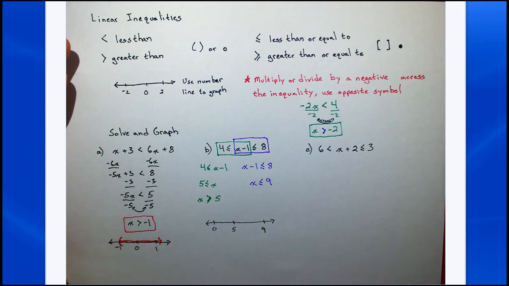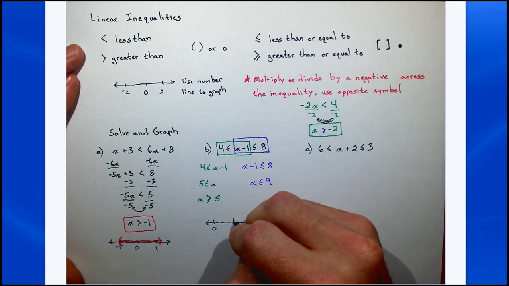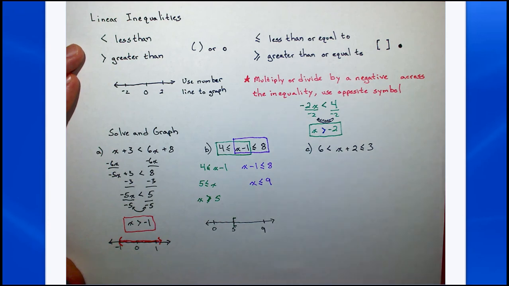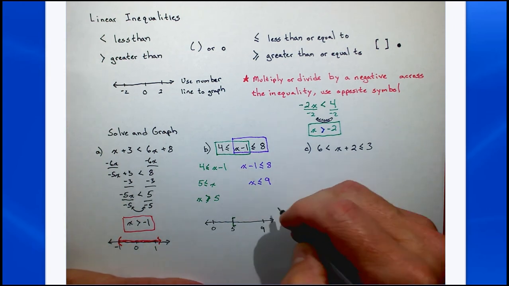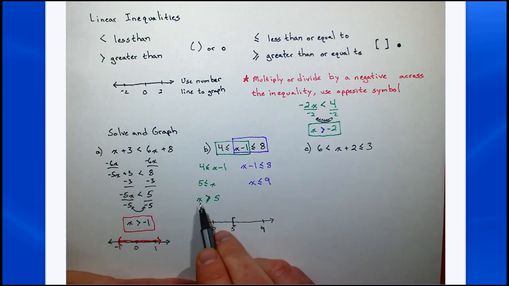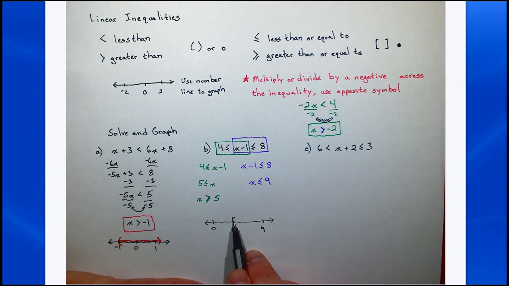So parentheses or square brackets? Parentheses, very good. So parenthesis or square bracket for 5? And what about for 9? Square bracket also? Yes. Less than or equal to for that one. Here I'm saying that x is greater than 5, so my inequality symbol is pointing that way.